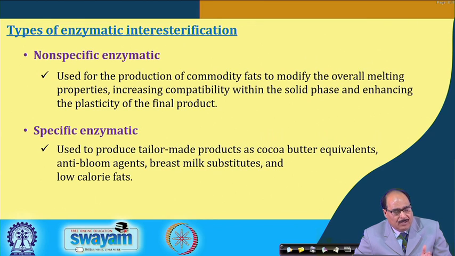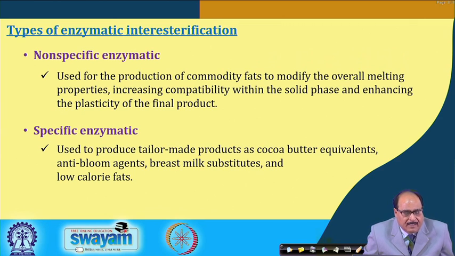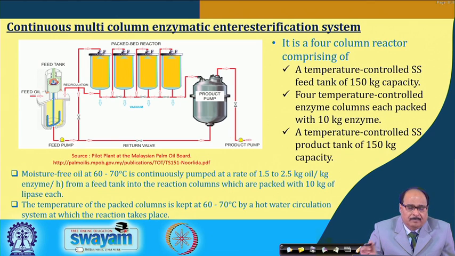Non-specific enzymes are used for the production of commodity fat to modify the overall melting properties, increasing compatibility within the solid phase and enhancing the plasticity of the final product, whereas the specific enzymes are used to produce tailor-made products such as cocoa butter equivalent, anti-bloom agents, breast milk substitute, low calorie fats and so on.